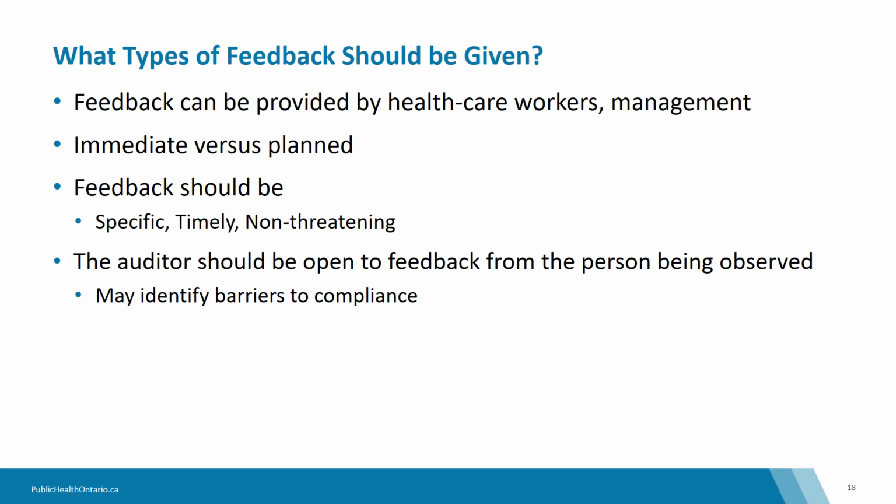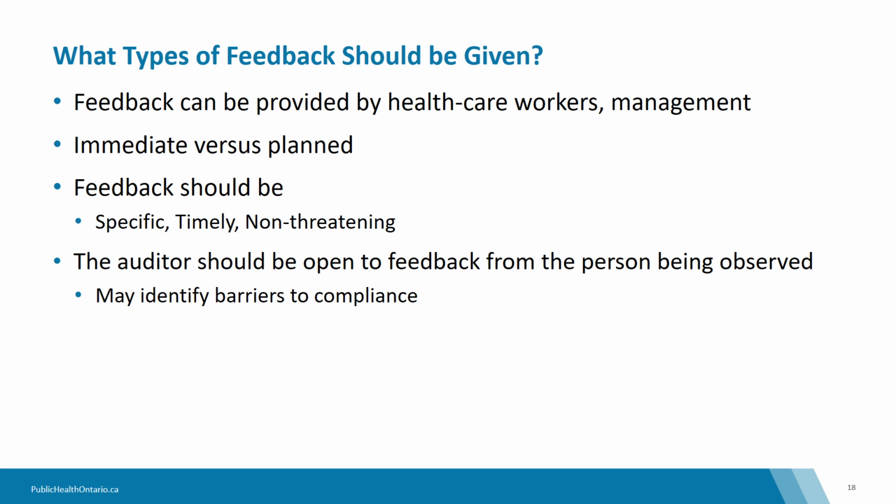Planned feedback is given at predetermined intervals, for example, year-end audit results or performance feedback. It is usually more setting-wide results versus individual results and is typically the responsibility of a designated department or assigned role, such as the manager or IPAC person.